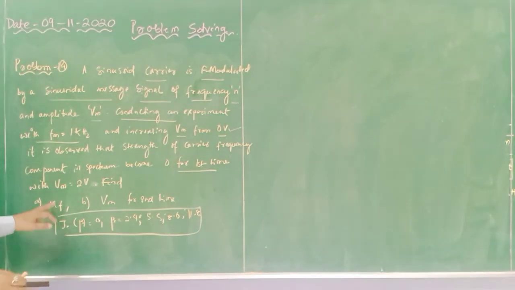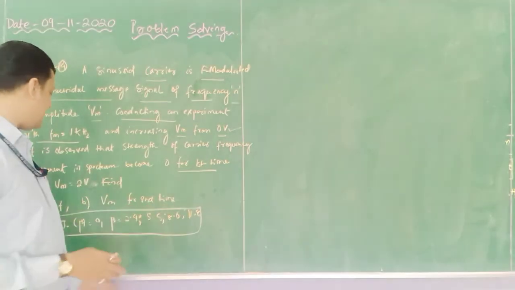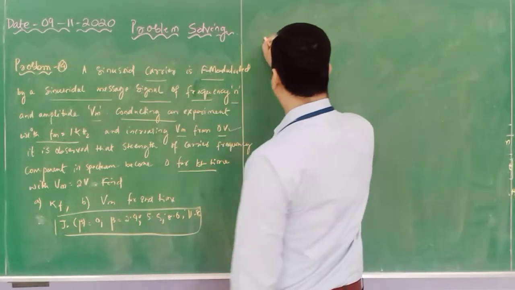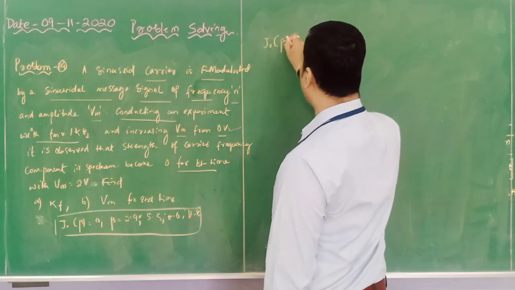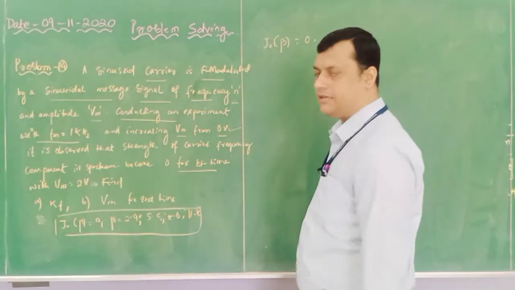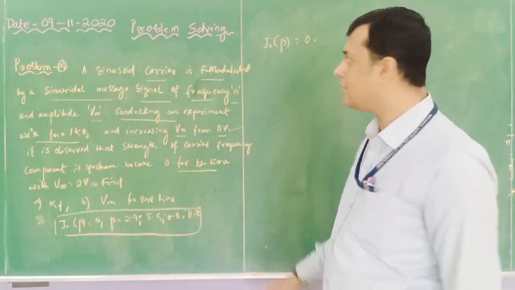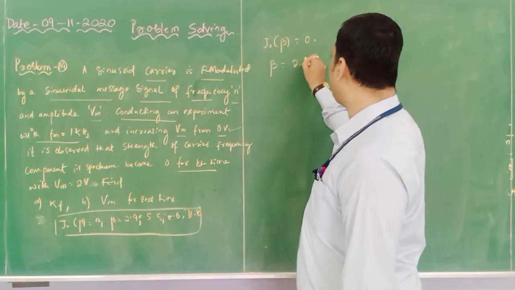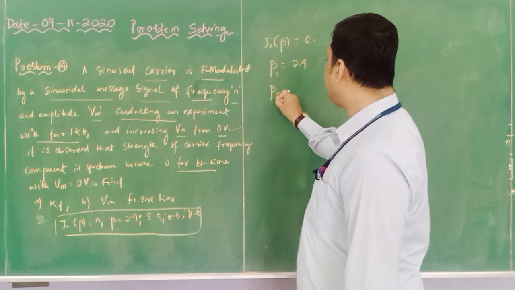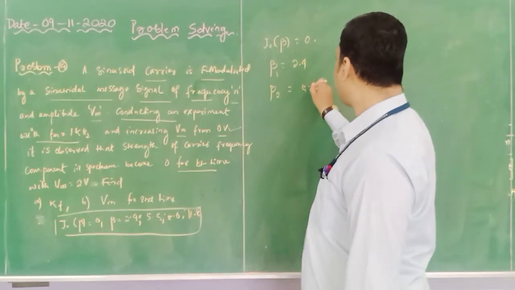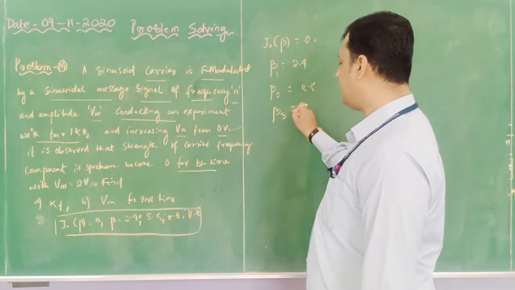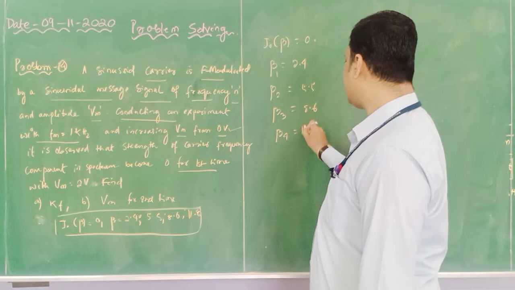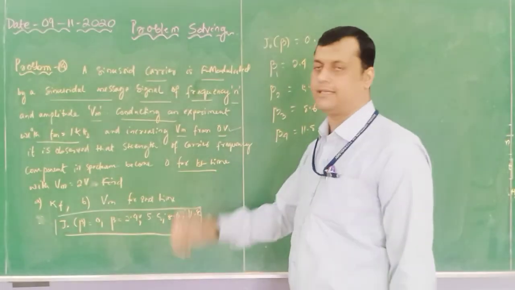What will be my KF and what will be my Vm for the second time if these components are given? Now here J naught of beta equal to 0 is given. That means it is the first value. Beta first value is beta equal to 2.4, beta 1. Then beta 2 is 5.5, beta 3 is 8.6 and beta 4 is 11.8.